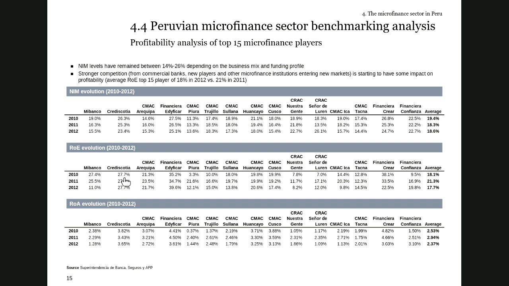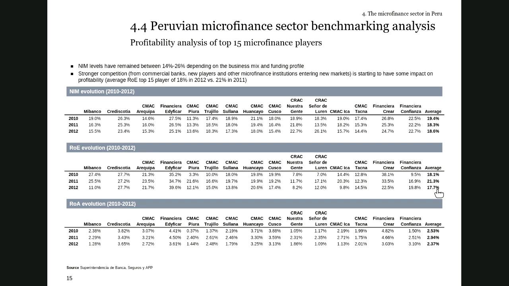Look at Financiera Edificar, 35, 35, 40, or 39. And what is the average of the system if you go all the way to the right? 18%, 21%, 17%.